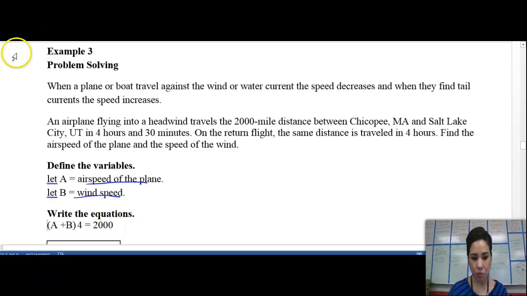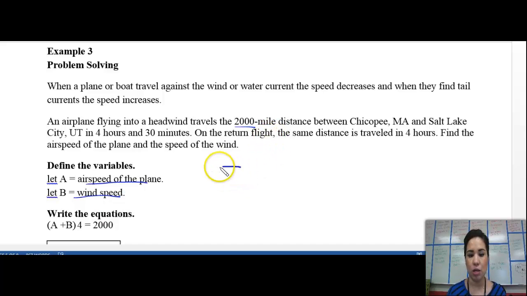So we're going to be adding A, the speed of the airplane, plus B, the speed of the wind, and multiplying by 4 hours on the return flight. The distance is 2,000.